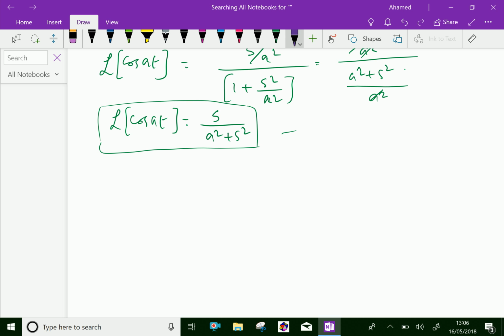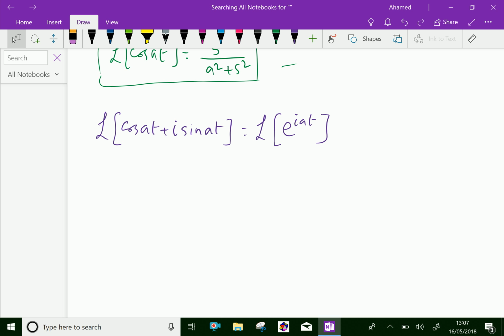Here let Laplace transformation of cos at plus i sin at, which is equal to the Laplace transformation of, by Euler's formula, e power iat. Here not Euler's formula, it is de Moivre's theorem.